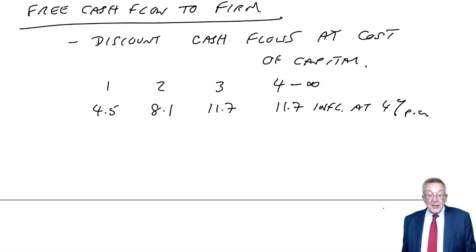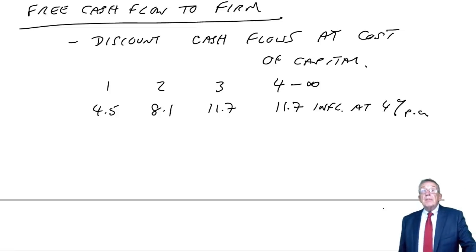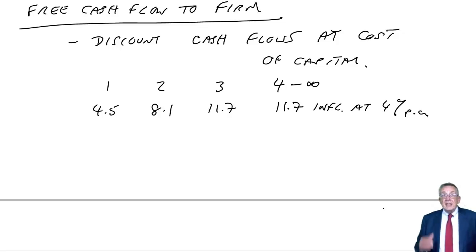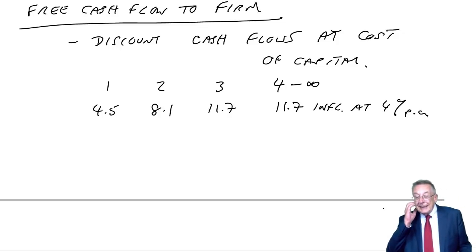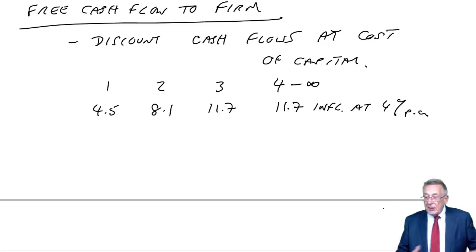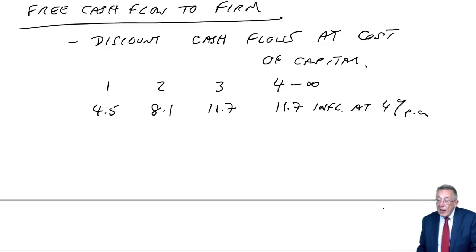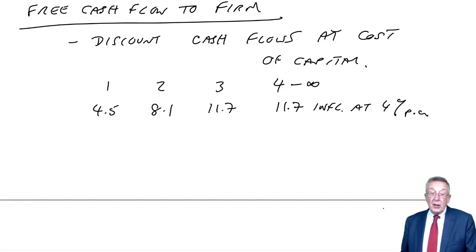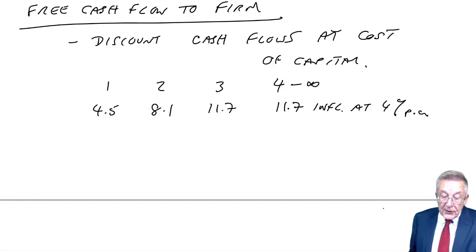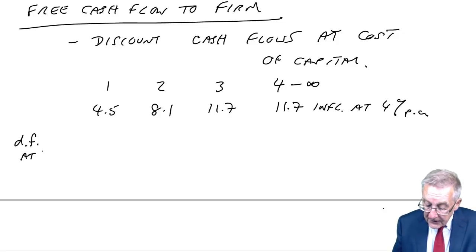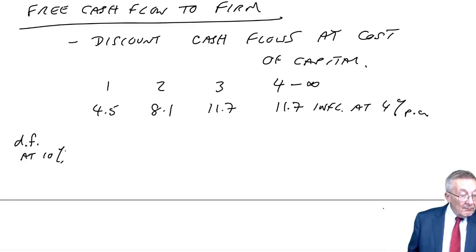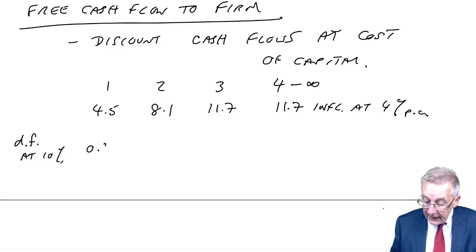Now, of course, arriving at those cash flows would be all the normal work. They're unlikely to give you the figures directly, but exactly the same way as in project appraisal, looking at the cash revenues, looking at expenses and so on, but arriving at the net cash flow. And having got the net cash flow each year, discount at the cost of capital. Here, the cost of capital is 10%, so the discount factor's at 10%. For 1 year, 0.909.